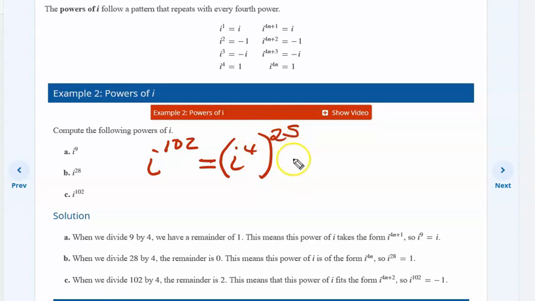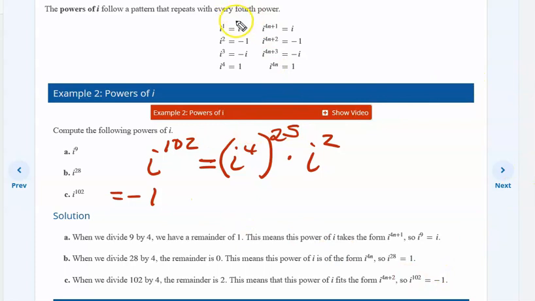This would give you 100 times i to the second. So this would give you a total of 102. This is 100 plus 2. Well, this is 1 to the 25th. That's 1. i to the second is negative 1. So all of this is negative 1. And that's what they're showing.